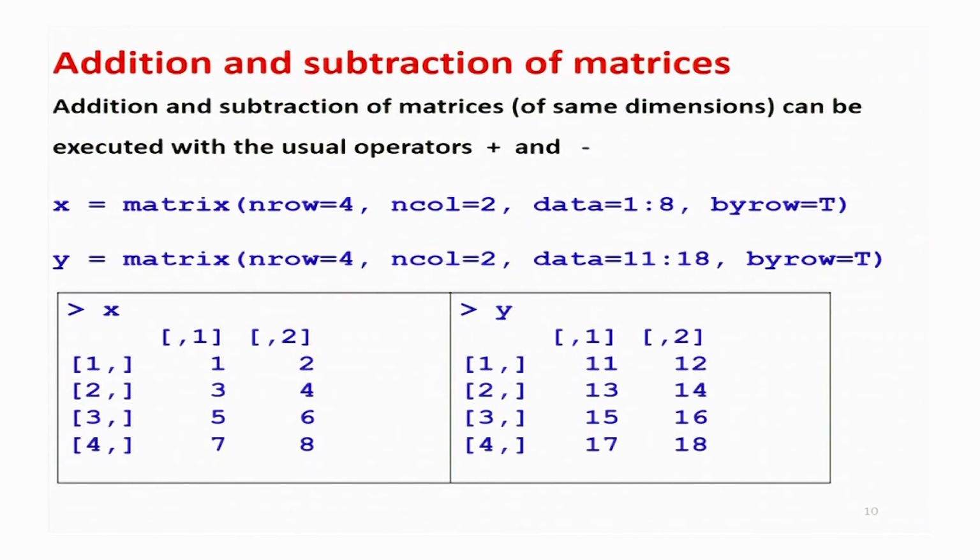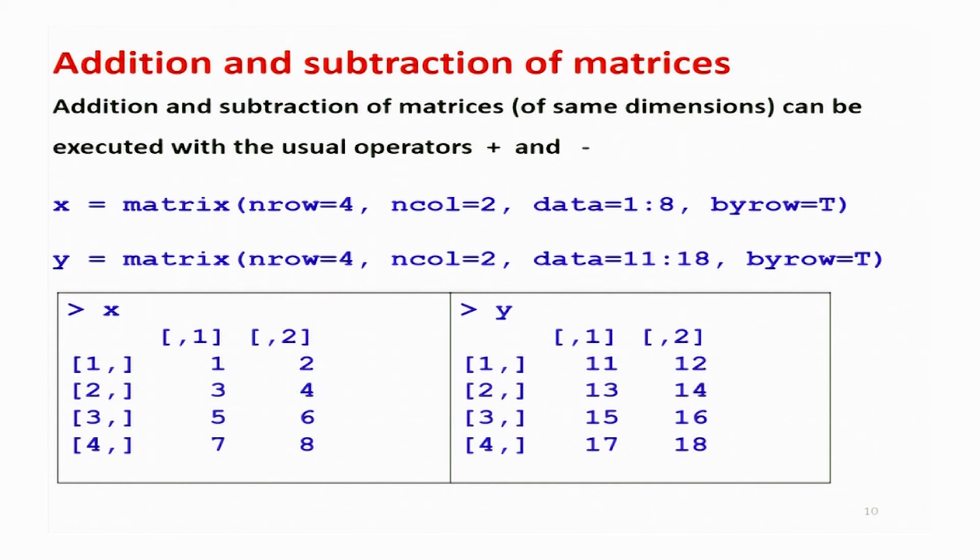Now, after this I come to a very simple aspect, the addition and subtraction of matrices. That means, now I am taking two matrices, and I would like to see how R does the addition and subtraction.